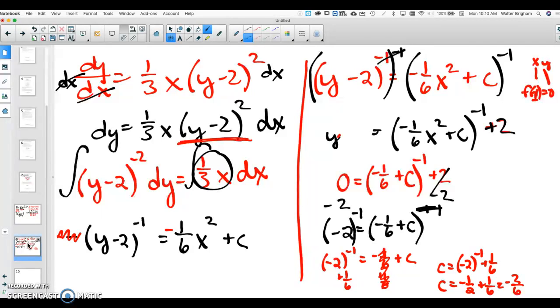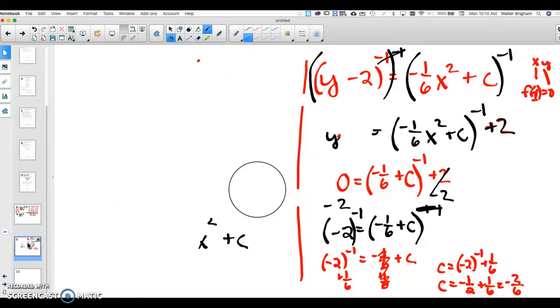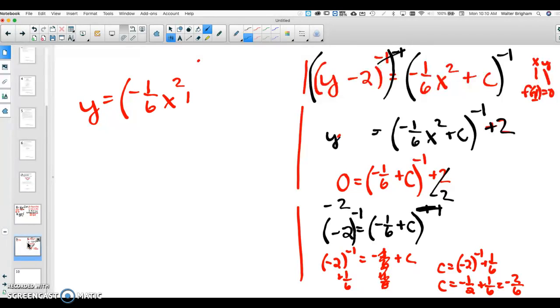So now in writing out the solution, I'm going to erase over here for a second so I can finish the problem. You normally write this on another page. I know what c is. Y equals negative 1/6 x squared plus negative 2/6 to the negative first plus 2.